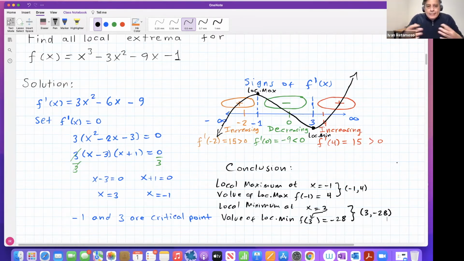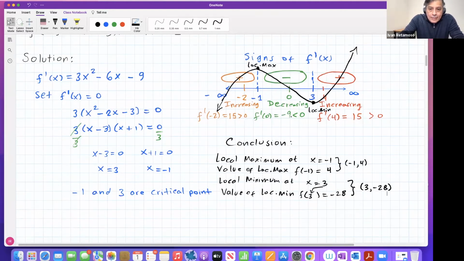So this derivative allows us to say where the function is increasing and where is decreasing, but not only that, looking at the separation, what separates increasing from decreasing, local maximum. Looking at the separation of decreasing and increasing, local minimum, right? This function does not have absolute maximum because it grows forever in this direction, does not have absolute minimum because it decreases forever in this direction, right? But local max and local min were found.